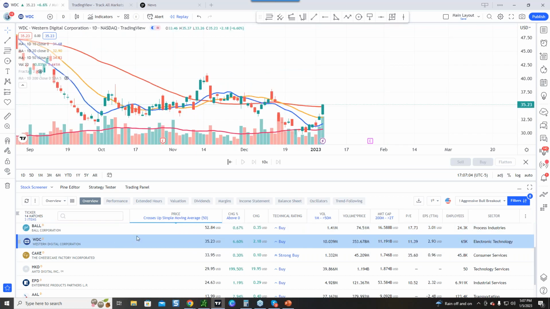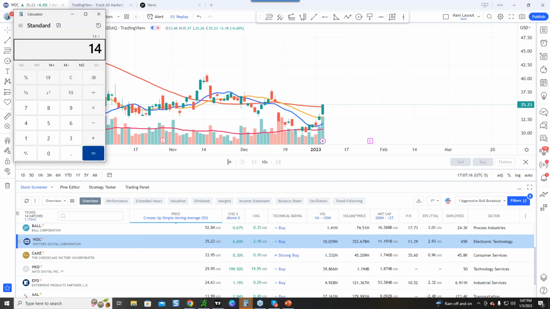14 out of 5,000. We'll call it 5,400 for easy math. That means from an aggressive breakout pattern standpoint, that is a small, minute number. I mean, this thing is going to give me multiple decimals. Look at that. That's a pip, right? Anybody trade Forex? A pip, price interest point, that's 1/100th of a penny.